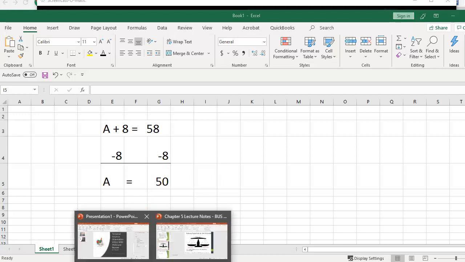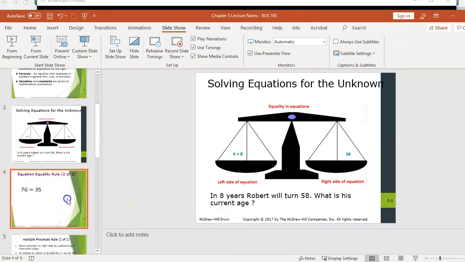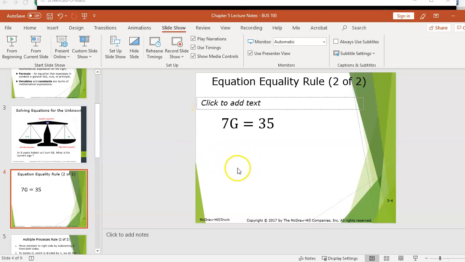You want to try another one? Okay, let's look at something a little bit more complex than that one. The next one we have says 7g equals 35. In this case g is the unknown, and we're trying to solve for the constant g.